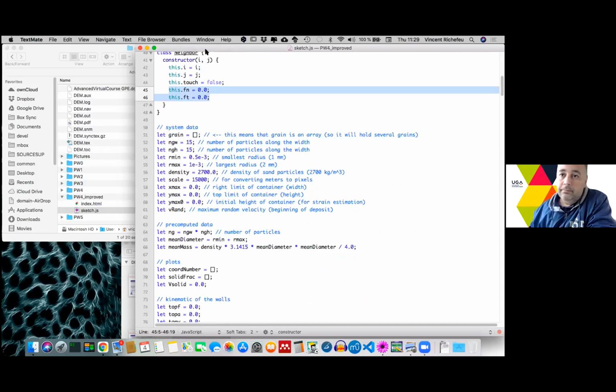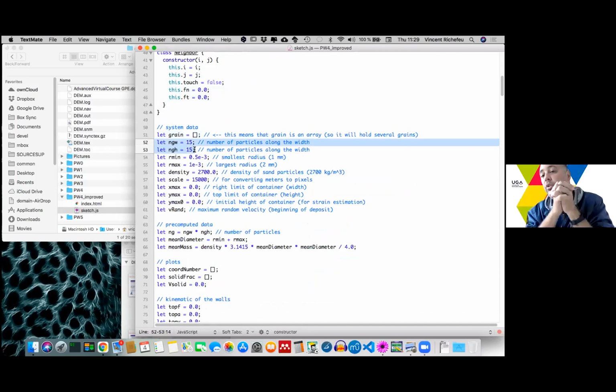So here I've got an array of grains in this example. These two variables are because I will put the particles on the grid at the beginning. There are 4 walls as a box.